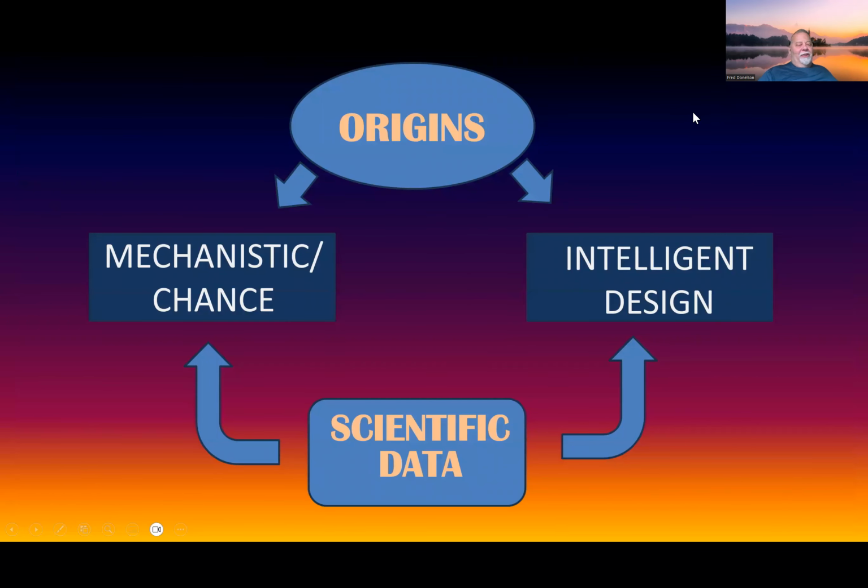Now, again, what are we trying to say with this? We're talking about origins, and we're asking, what does the scientific data say? Does it say that the systems could be developing just by a mechanistic or chance type of view, or do they look like they're designed?